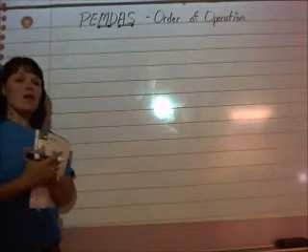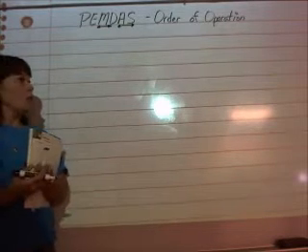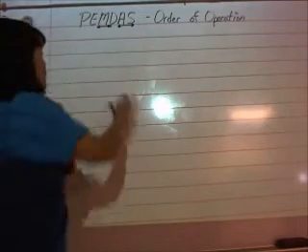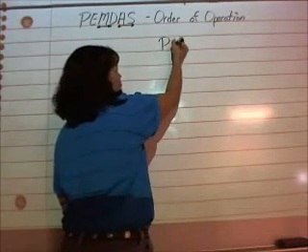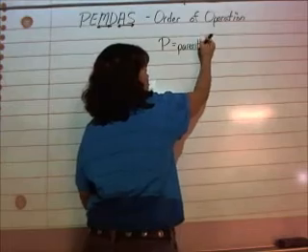And it's the same no matter where you go in the entire world. It has to continue to have that order of operation. So let's talk about what those initials stand for. Your P stands for parentheses.